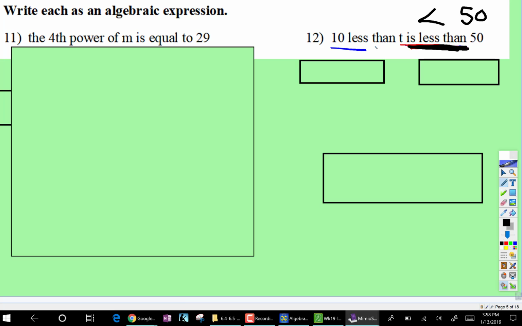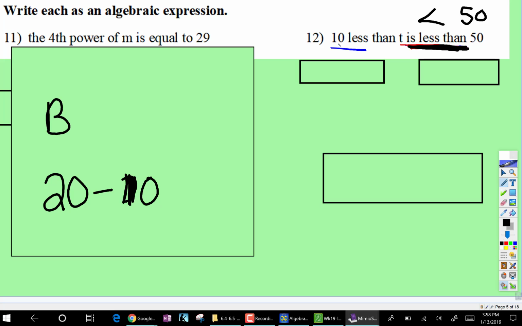This says 10 less than something. So if you have something, say basketballs, and let's say you have 20 basketballs. If you have 10 less, well, that means 20 subtract 10.